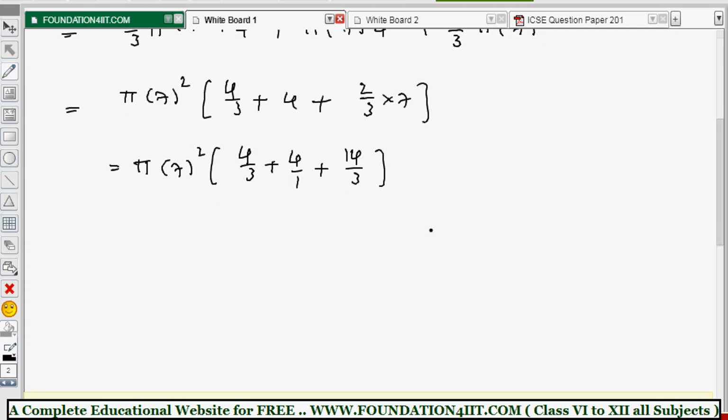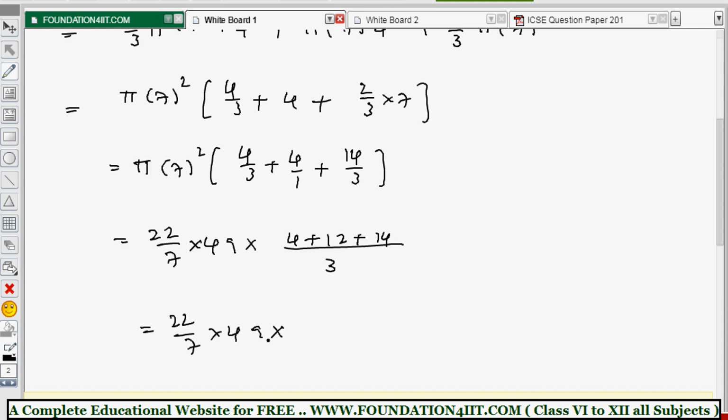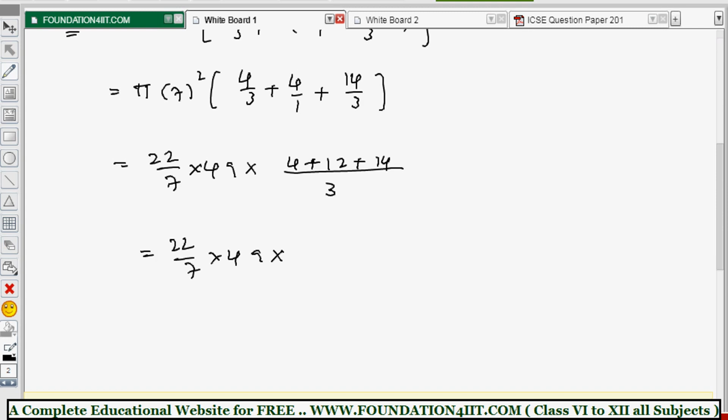And we can do the LCM. So pi value you can take as 22 by 7. 7 square is 49. Into, here the LCM is 3. So 4 plus 12 plus 14. That is 22 by 7 into 49 into 30 by 3.